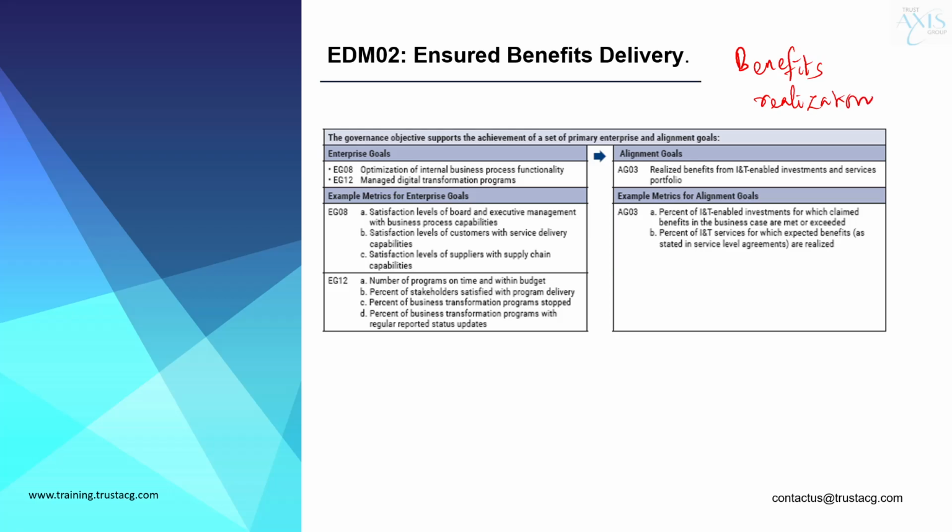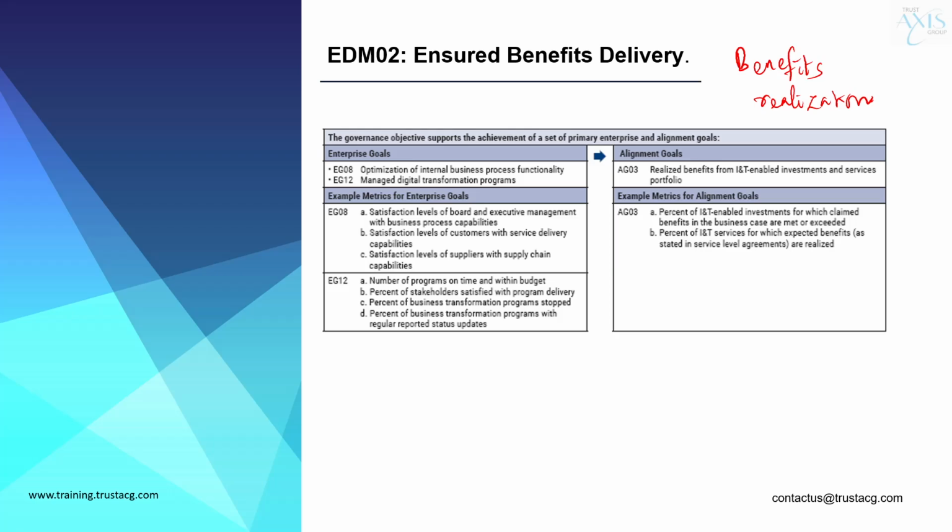Whatever investments are done in IT and the transformation initiatives which were proposed must accrue the promised benefits. This is the full objective behind this governance objective. So, in simple terms, it ensures that whatever we plan, fund, and execute delivers the intended value to the business and is not just on paper but in measurable results.